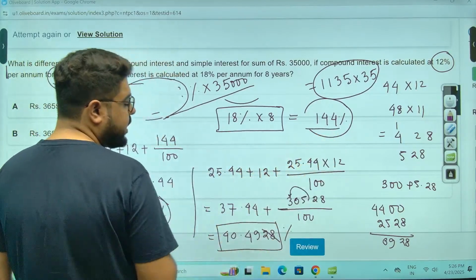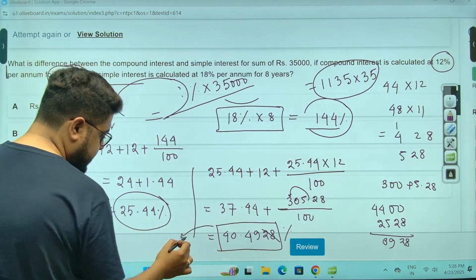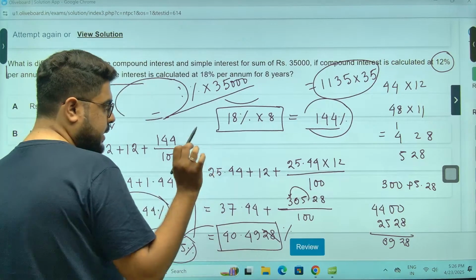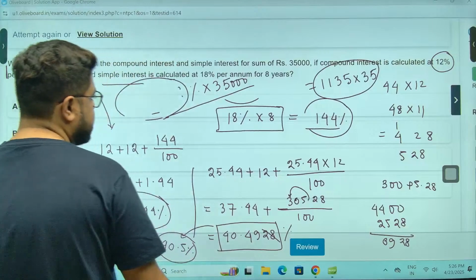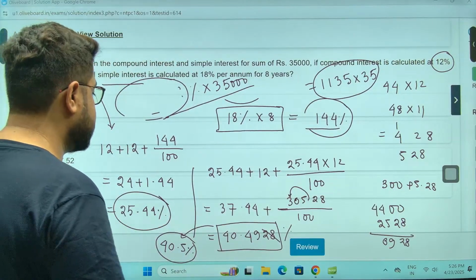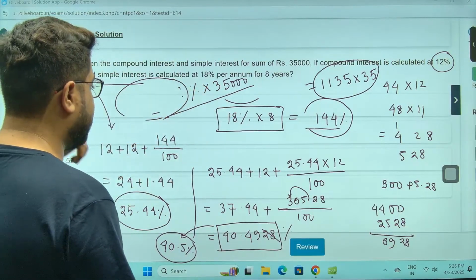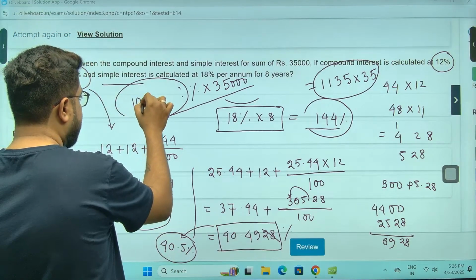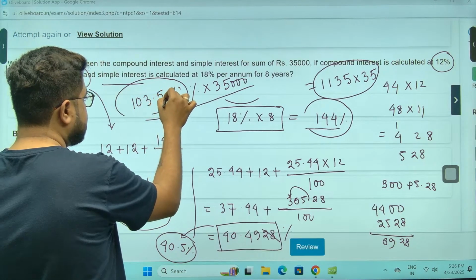144 minus 40.5. If I just take it as 40.5%, let's see if this approximation works. Sir, 144 and 40.5, 41 means, sir, 103.5%.